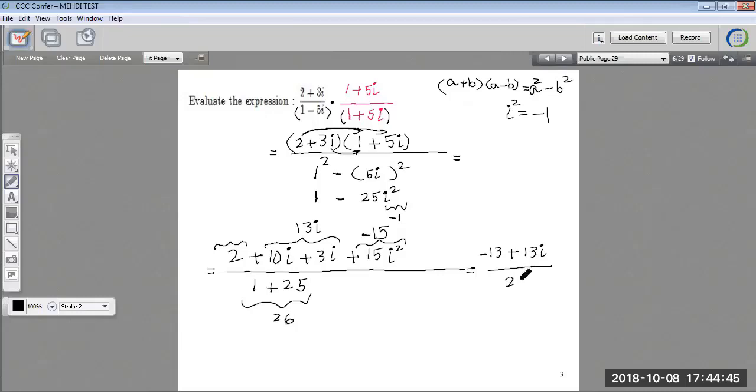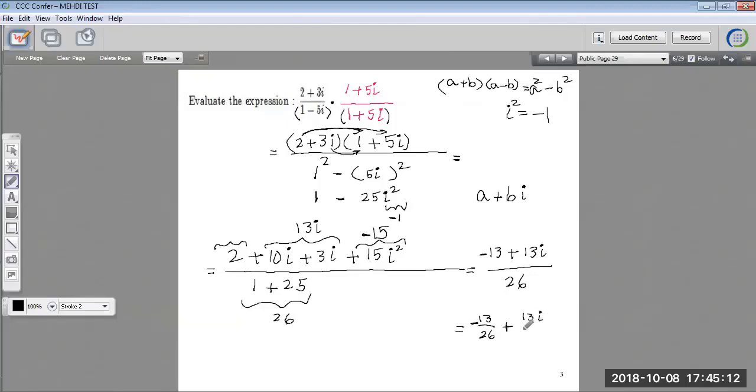But if you want to write it as a plus bi, that's the standard form to write the complex number. We can separate these. My real part would be minus 13 over 26. Can I reduce that? Yes, plus 13i over 26.